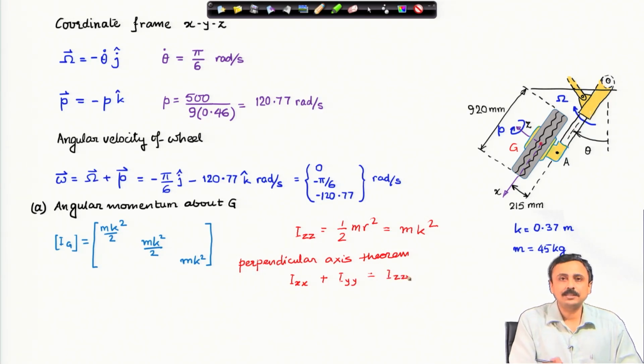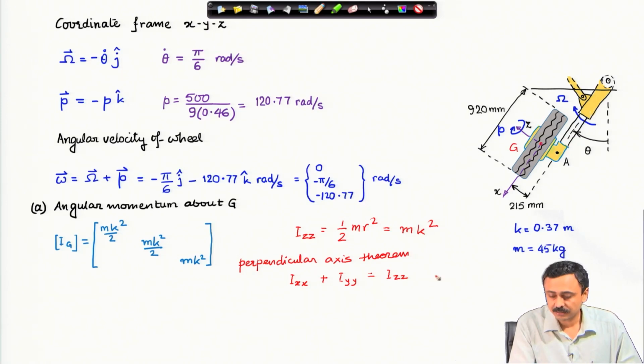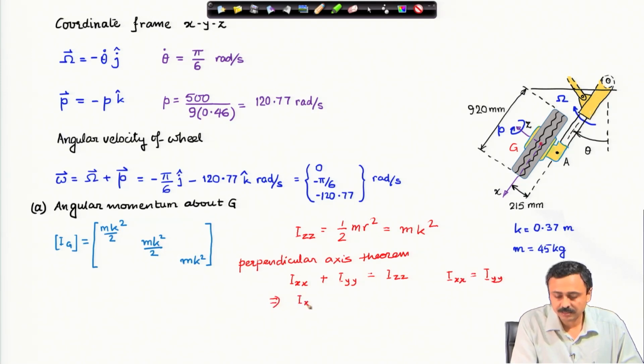Because this is a uniform symmetric disk, I x x must be equal to I y y, and that gives us I x x equals I y y equals I z z by 2, and that turns out to be half m k square.